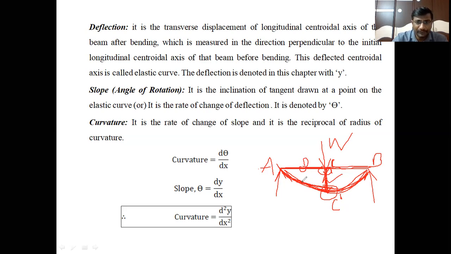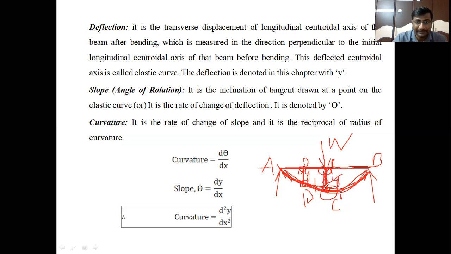After bending, the D position is at this place, so this is D dash. So the vertical distance from D to D dash is called the deflection of point D. This vertical displacement is denoted by y.